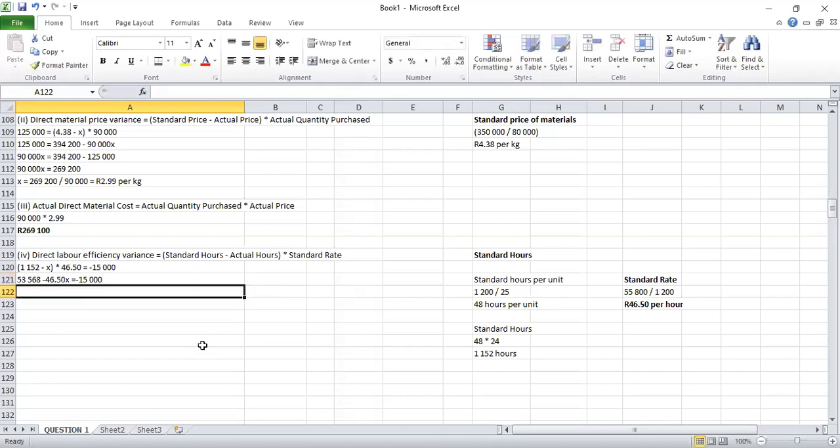Then we can say 53,568 plus 15,000 is equal to 46.50x. 53 minus 15, what do we get? Do we get 38? Am I correct there?